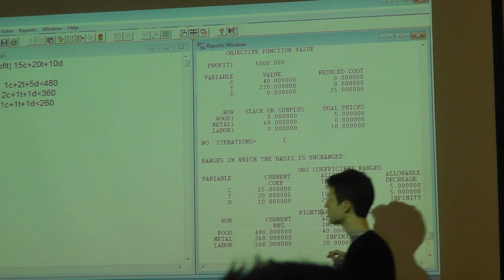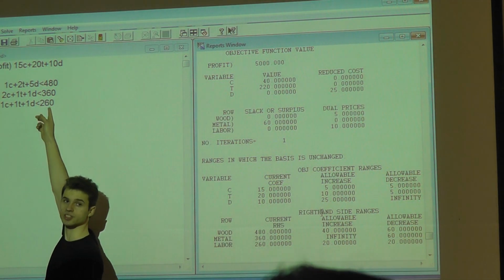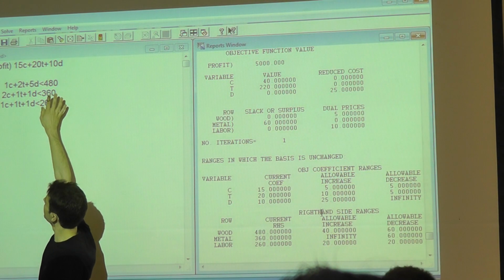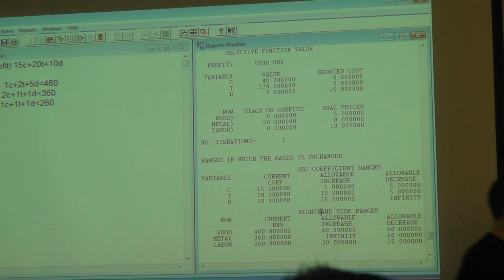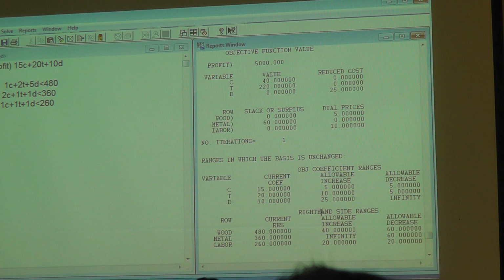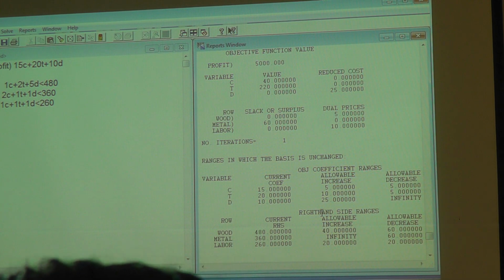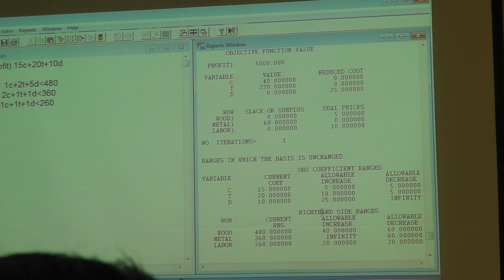So these are the changes in these numbers, the right-hand sides in the constraints. So what is the possible meaning of these numbers? It tells you what happens if you increase or decrease the amount of wood available, or increase the amount of metal available. Will the solution change or not?